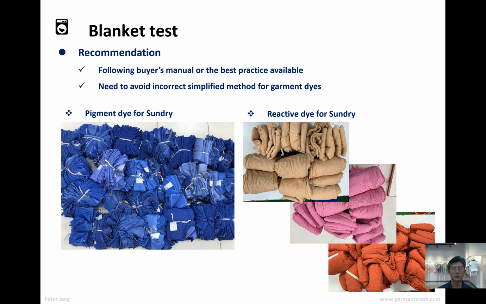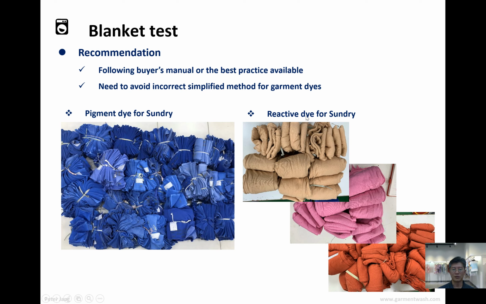Because the sun-dry process is long, some laundries in Hanoi tried to use a simplified blanket test method. They first used pigment dye for sun-dry. But pigment garment dye itself has many shade variation problems. I found that the pigment garment dye and the sun-dry results were not matching, so I pointed that out.